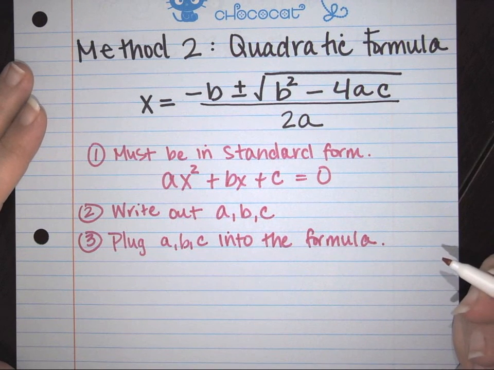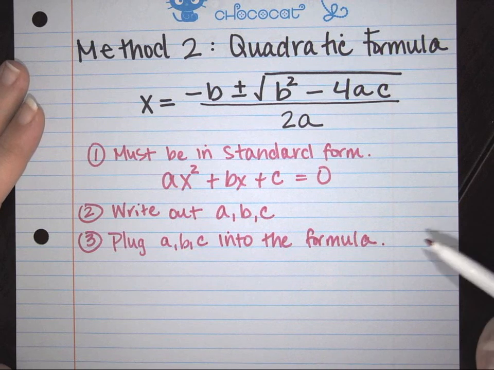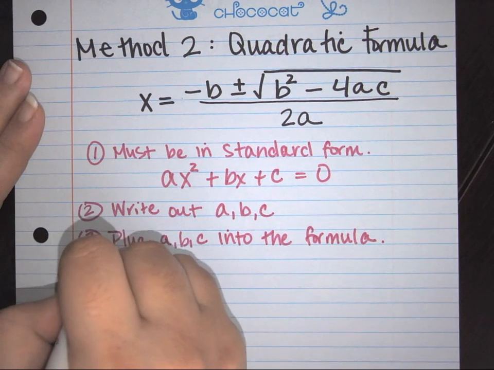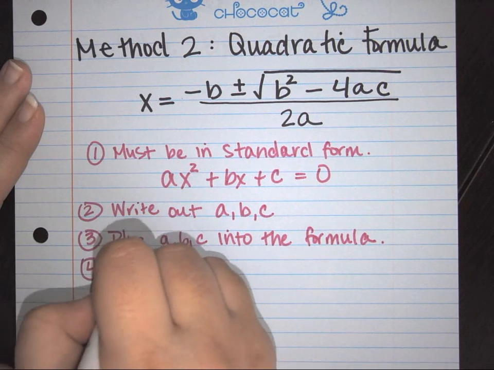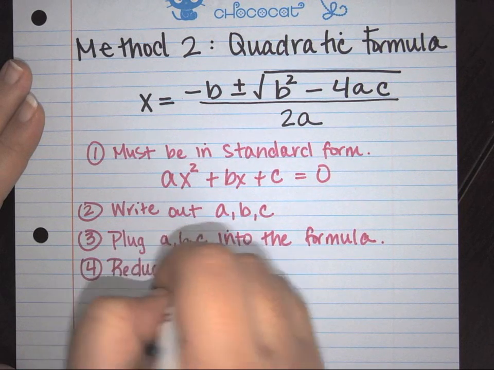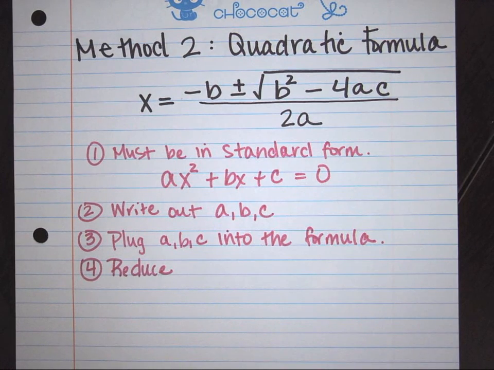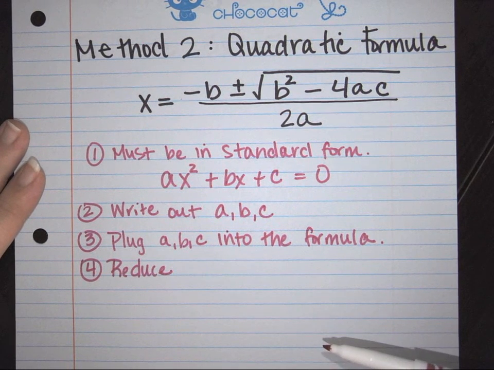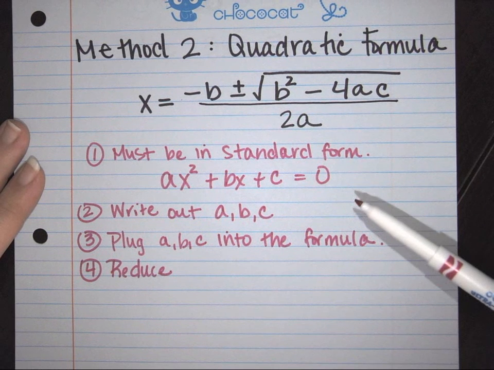Plugging it into the formula allows you to then reduce your formula. So after you plug it in, the next thing you need to do is reduce your formula, and then you're done. These are the steps you need to follow when using the quadratic formula.